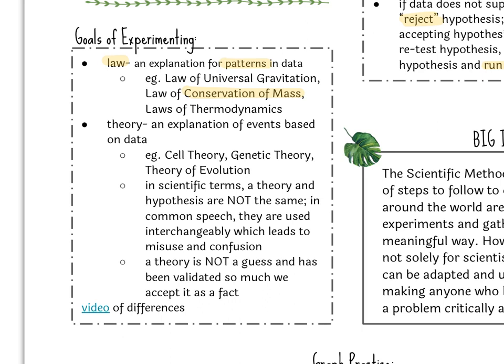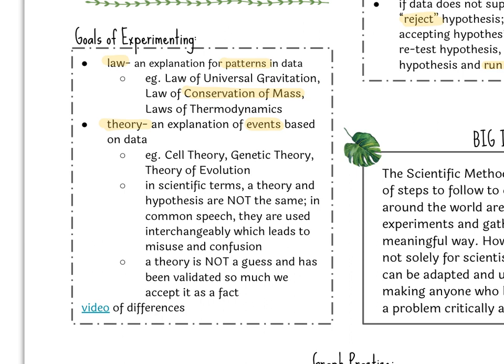And then the second goal for scientists could be to get a theory. Now, a theory is an explanation of events based on data. There are many theories and many misconceptions about theories, which I'll cover.